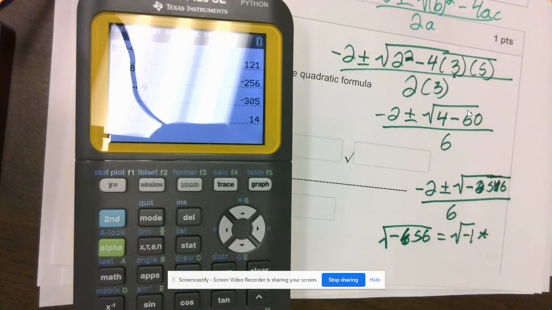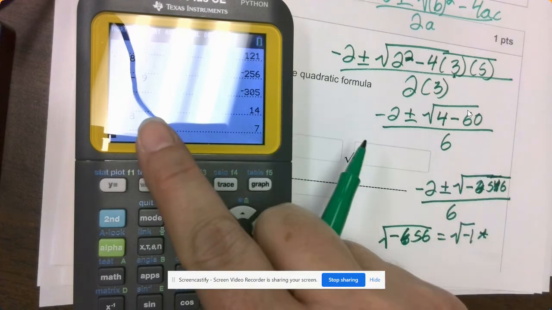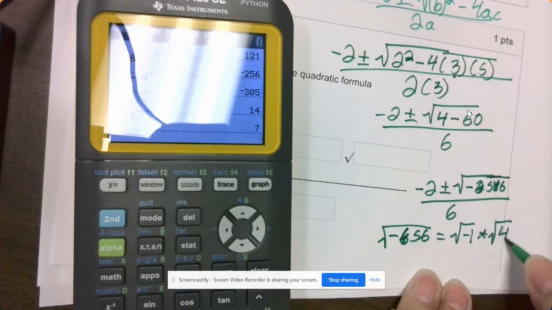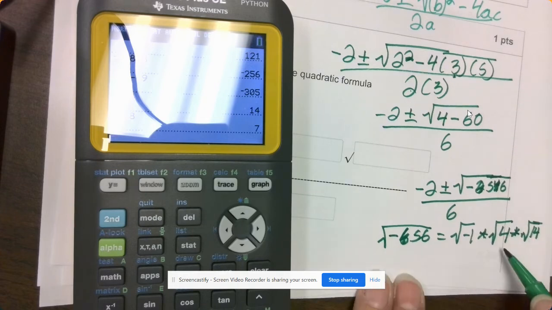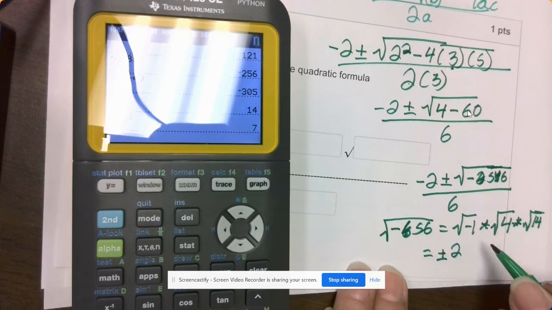You could also think of it as 56 divided by 8 is going to equal 7. Okay, so we're looking for our perfect squares, everybody. That's why I divided by 4. So it's going to be square root of 4 times square root of 14. Square root of 4, everybody, is going to be 2. So plus or minus positive or negative 2. Square root of negative 1, everybody, is i. And then square root of 14.